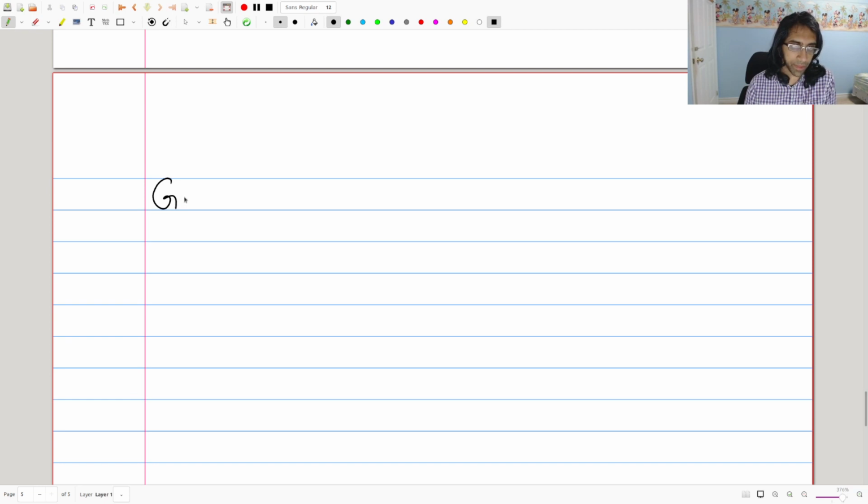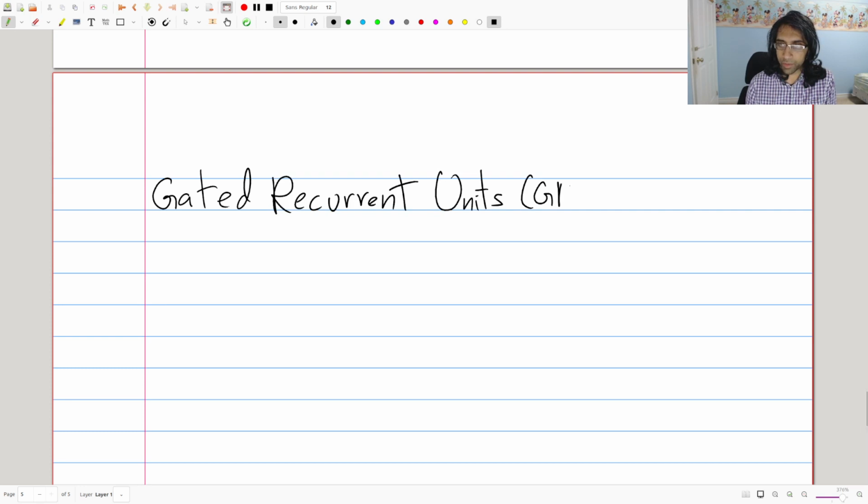So I'm going to just mention something called gated recurrent units, which are sometimes called GRUs.